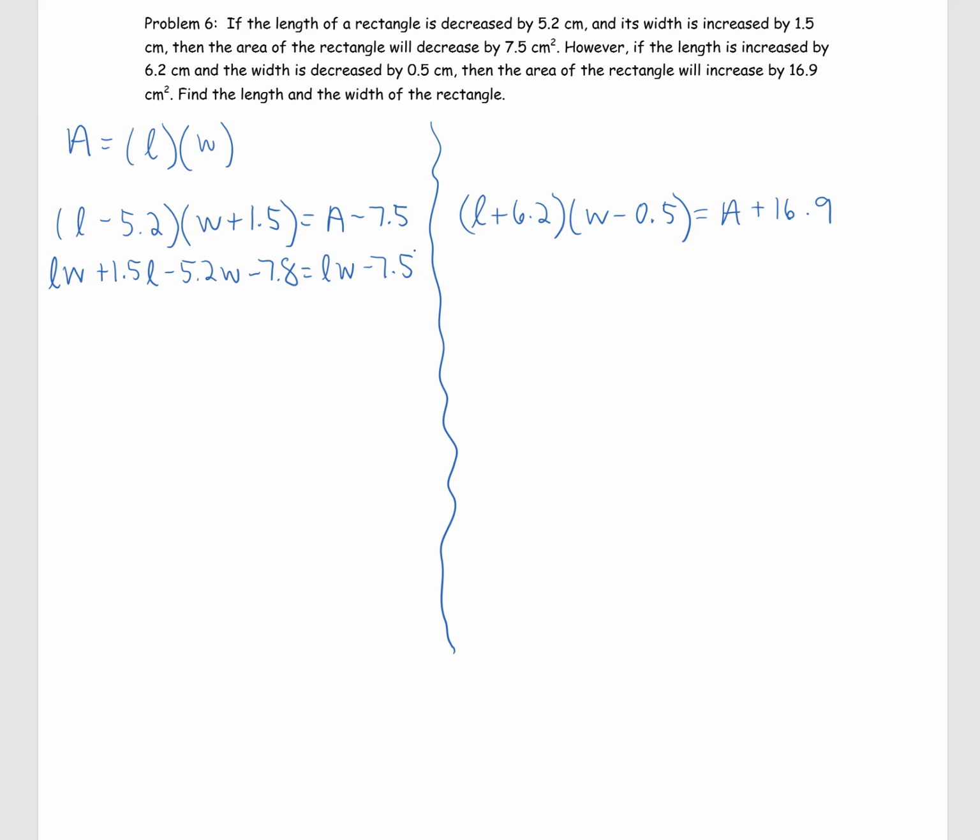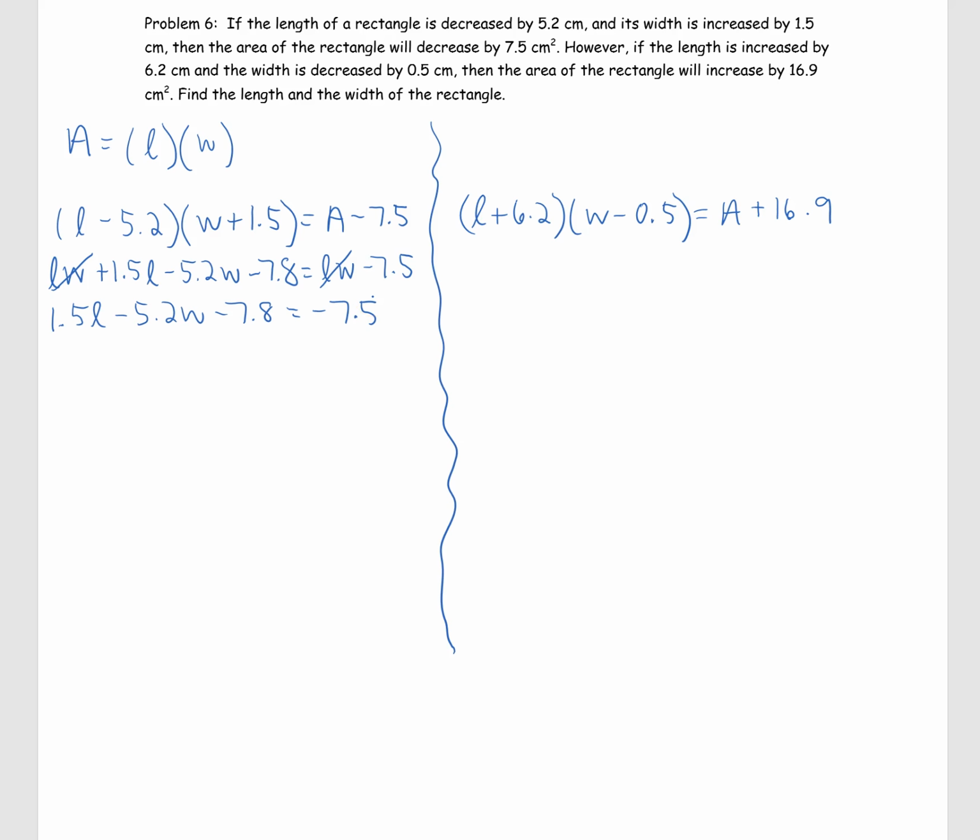So we can see that on the left side of our equation, we have L times W, and on the right side, we also have L times W. So these just cancel out. It would be the same as subtracting L times W on both sides. And so I'm going to rewrite what I'm left with, which is 1.5 L minus 5.2 W minus 7.8 equals negative 7.5.